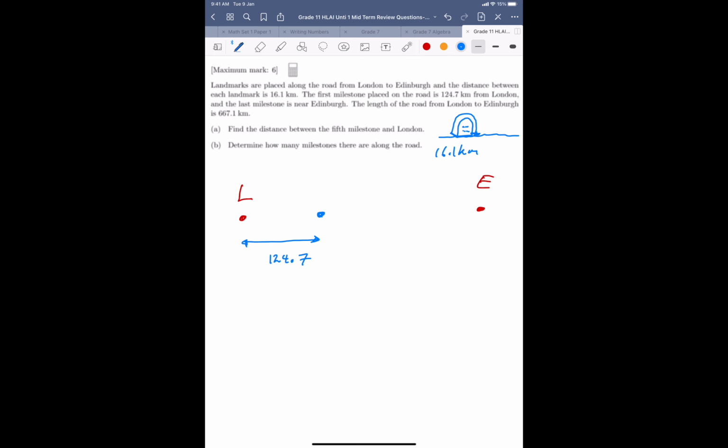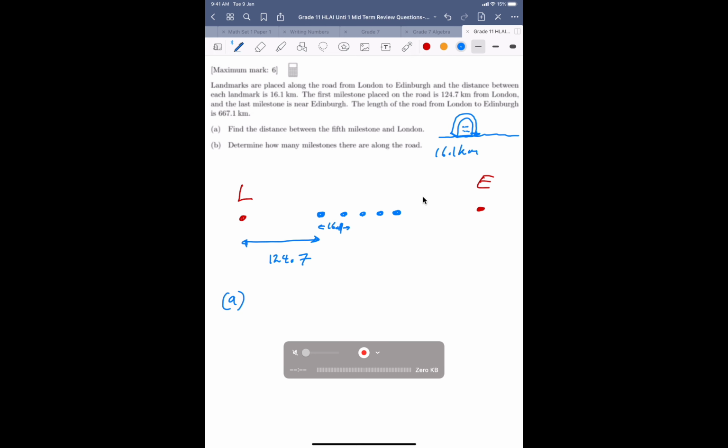So here's the first, here's the second, here's the third, here's the fourth, here's the fifth. Okay, and each of these is worth 16.1, right? So I think we can answer part A just from the picture, right? This technically is arithmetic sequences. Can you see that? There's a common difference of the 16.1.